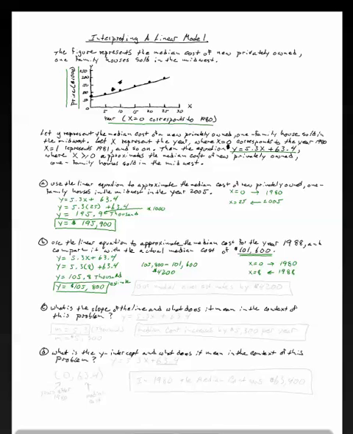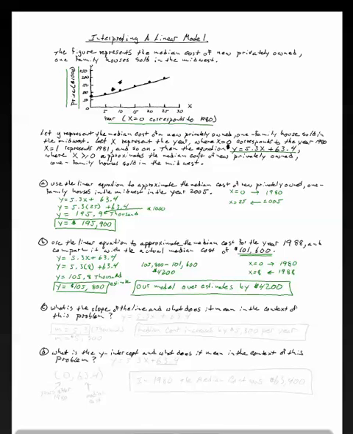Notice that our estimate of 105,800 was more than the actual cost of 101,600. So what we actually want to say is that our model overestimated by $4,200.